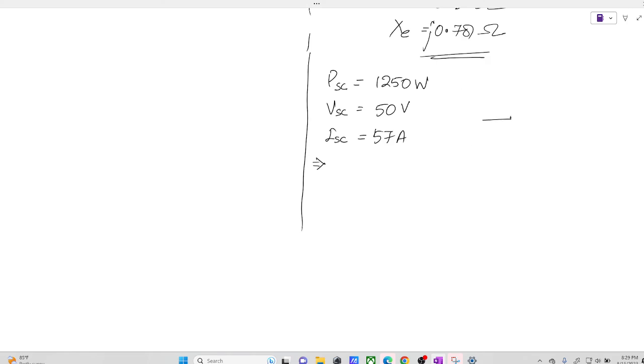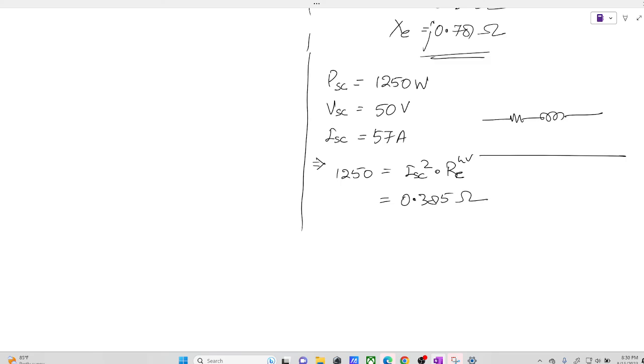Since this is an RL circuit, the real power loss will be 1250 equals ISC square into RE. So from here you can simply find 1250 divided by 57 square, which gives 0.385 ohms. This is RE.